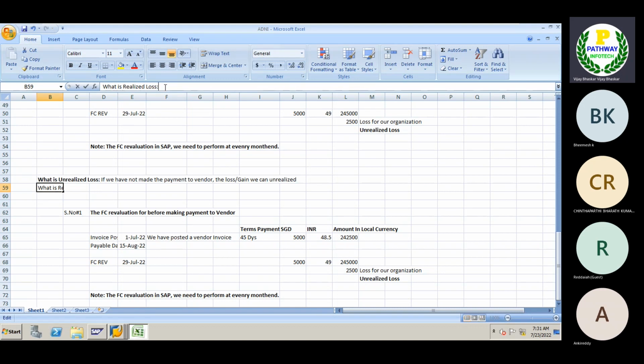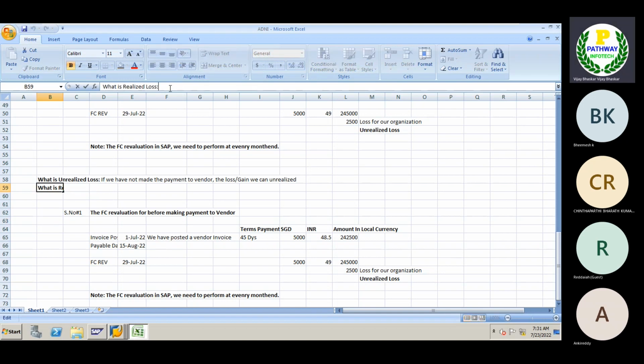Now when we are making the original payment to the vendor, then we will come to know that originally it's a loss. Now let's see, what is realized loss?